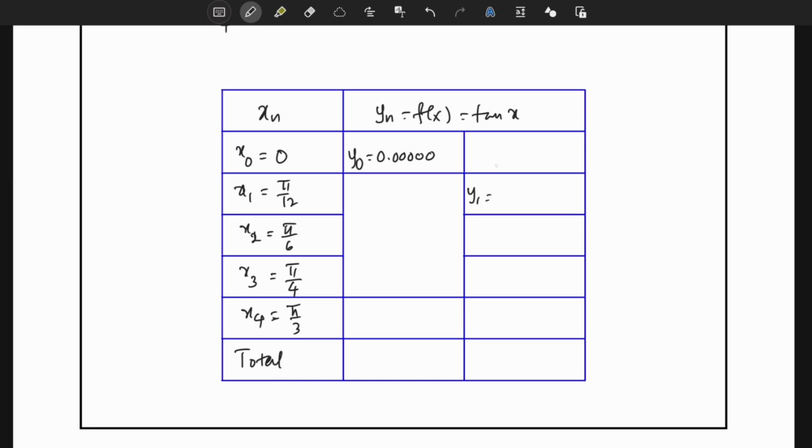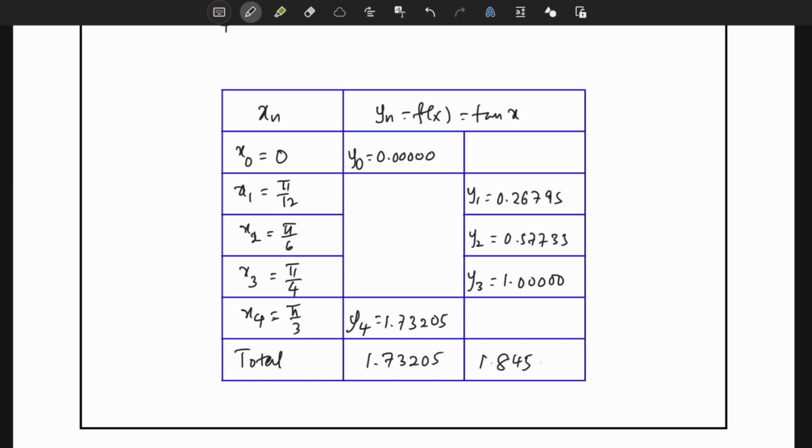So y1 is 0.26795. y2 is 0.57735. y3 is 1.0000. And then y4 will be 1.73205. Add up the total: this is 1.73205, and here will be 1.84530.